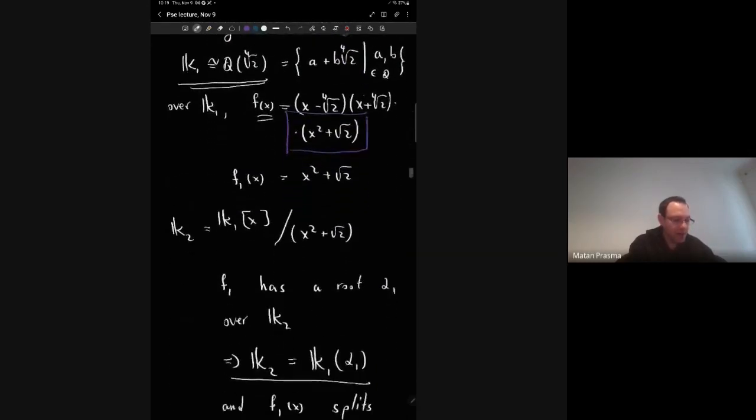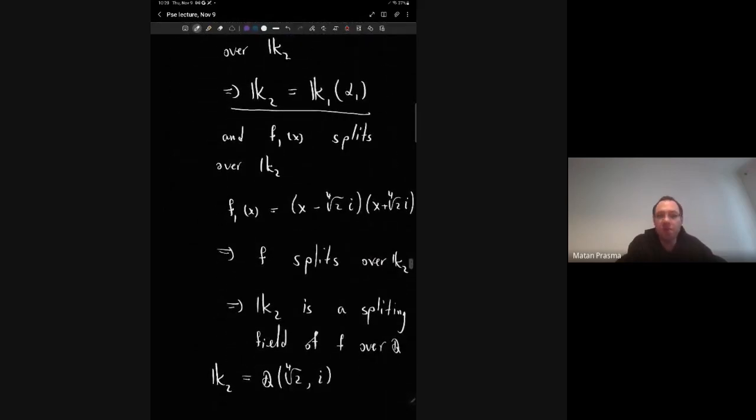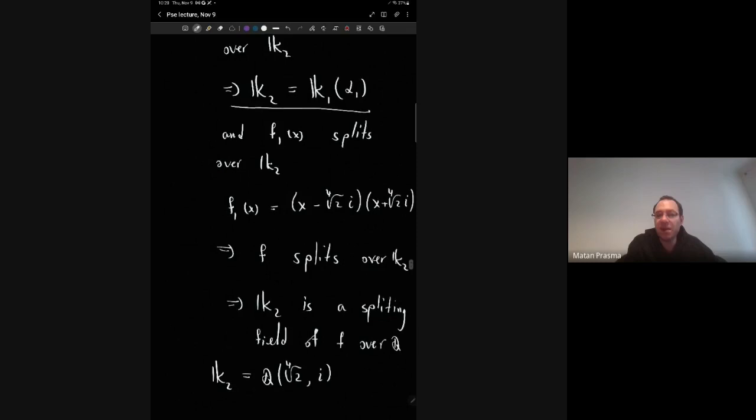Okay, so this is how you go about splitting fields, and what we proved last time is that splitting fields are unique up to isomorphism.